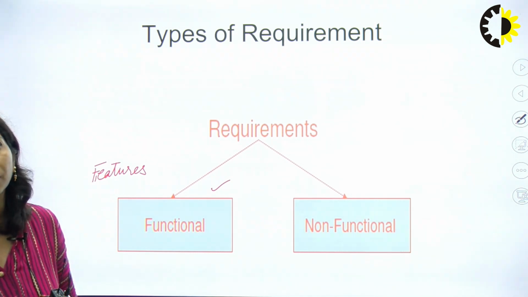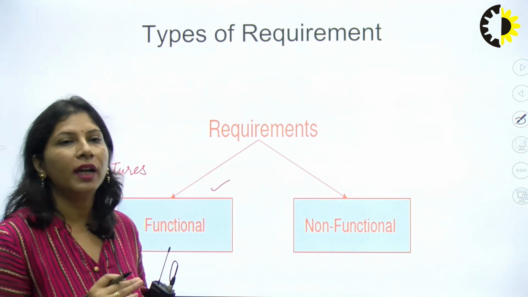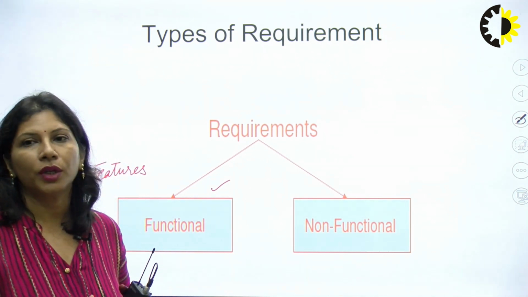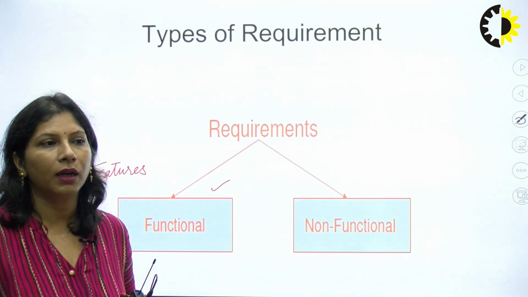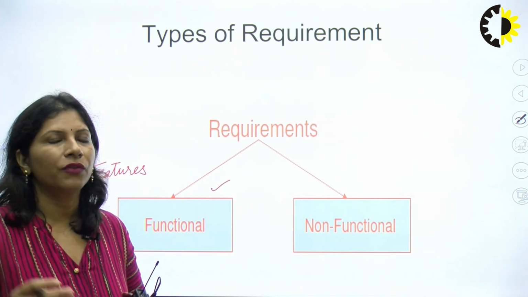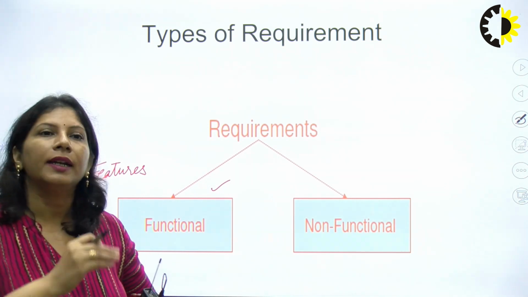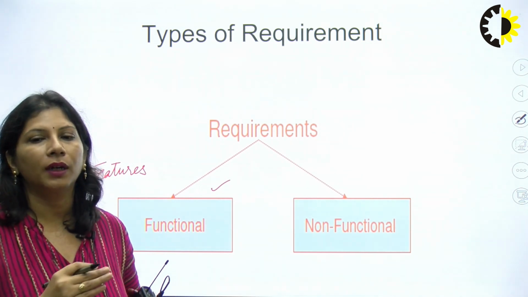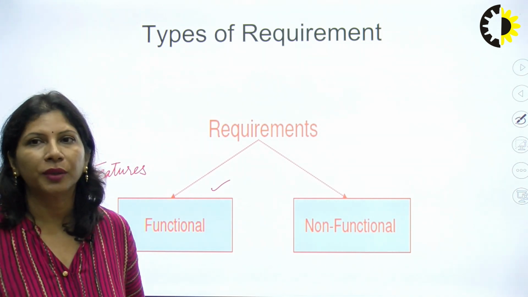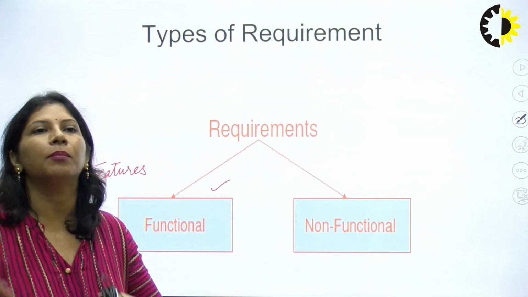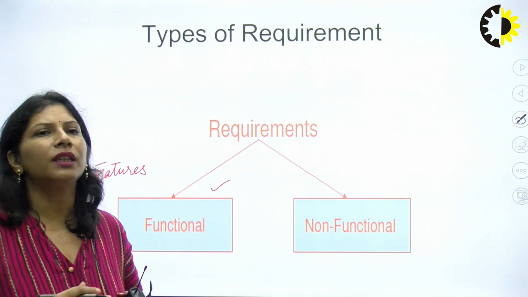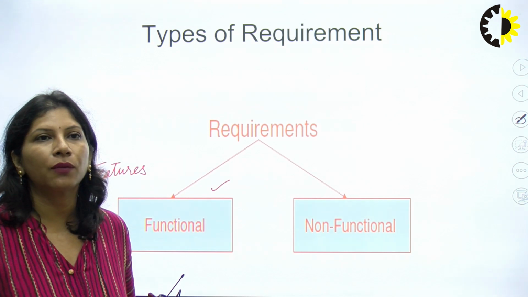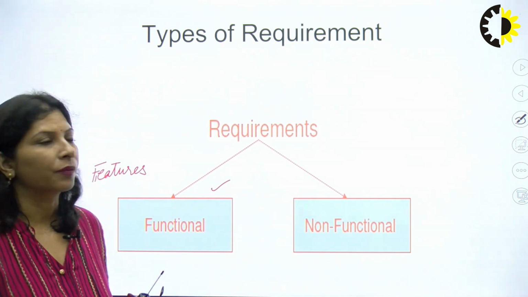So we have to identify what the system is going to do. Suppose I am going to develop an ERP system: attendance management should be there, proper marks management should be there, proper result management should be there, complete information system of the student. These are some features that we should expect from a particular system.